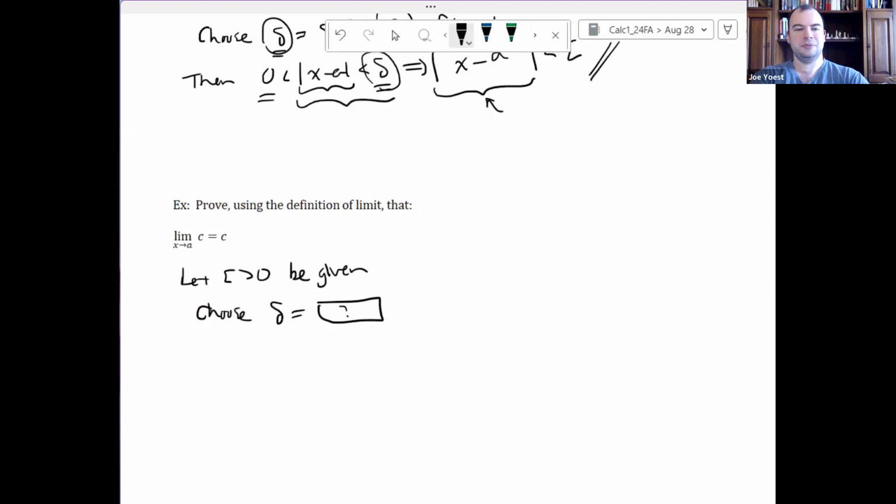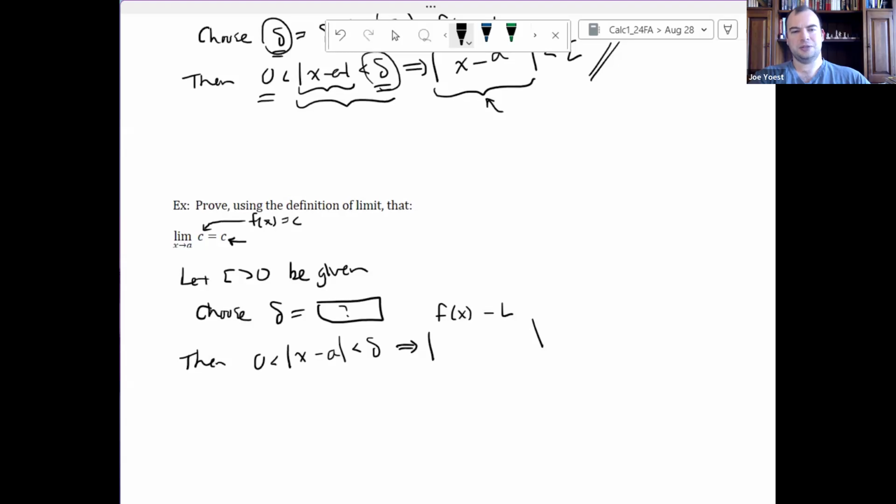And I'm going to choose a delta. It could be dependent on epsilon. I'm not sure how I'm going to choose it yet, so I'll leave that blank for right now. And I want to say then, 0 less than absolute x minus a less than delta implies, what do I need here? f of x minus L. But wait, f of x, the function inside the limit, is c.